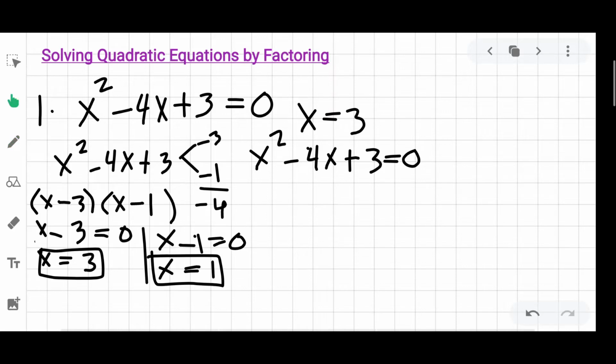Ngayon, ang gagawin natin, papalitan lang natin yung value ng x ng 3 doon sa nakuha natin. Lahat ng x na nakikita ninyo.